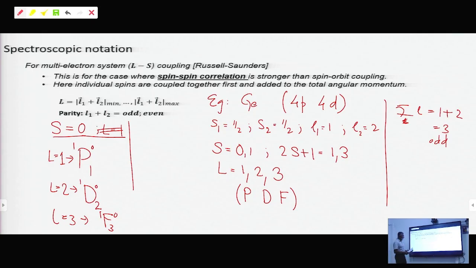Clear? Here is the third case, that is S equal to 1. Now when S is 1, what are the options we have?